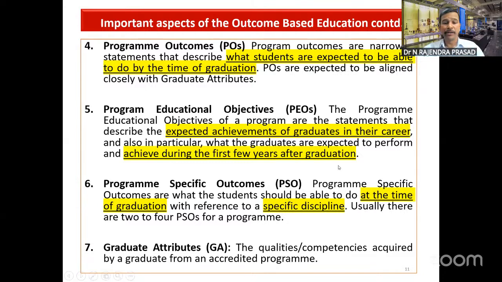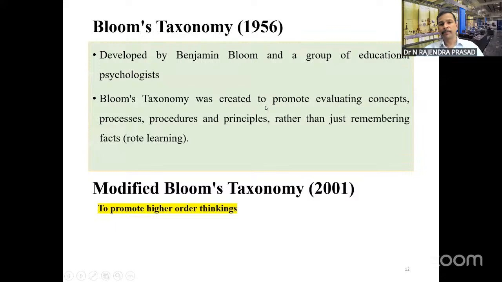Then another important thing is graduate attribute. As I already told you, graduate attributes are the qualities or the competencies acquired by the students during their course tenure. Okay, apart from this, so far I spoke about the framework of outcome-based education and important terminologies, definitions.